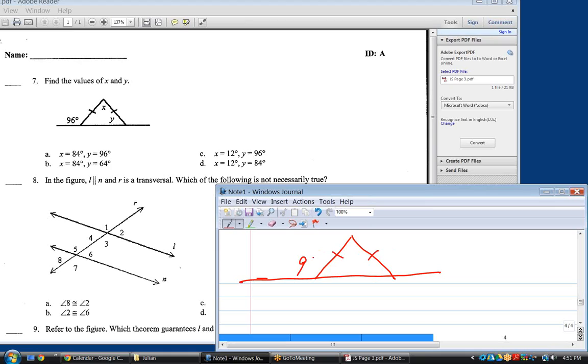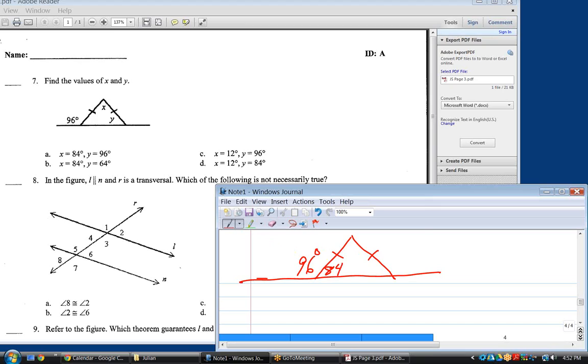What's the relationship between 96 and x? Does it have to equal 180? Right. So what is x? Okay. 104. That would equal 200. Oh yeah. Let's try 84.